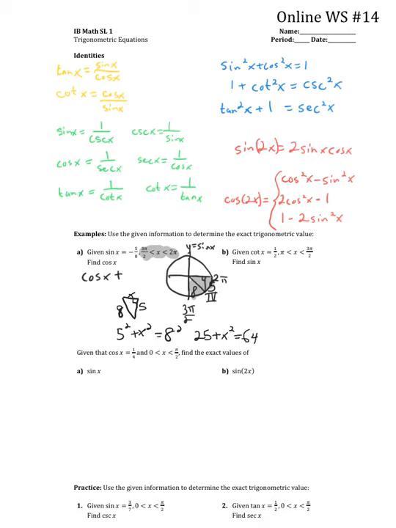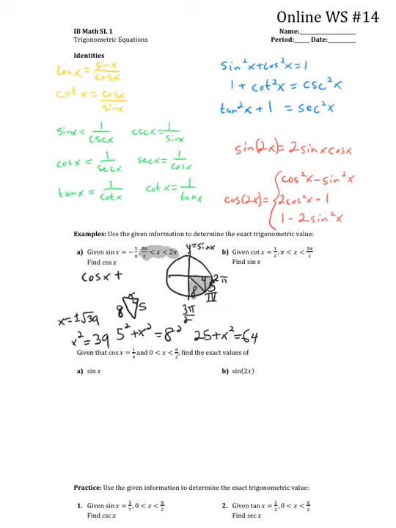We can subtract 25 from both sides. We're going to end up getting x squared equals 39. And then we can square root both sides, and we're going to get x equals positive or minus square root of 39.